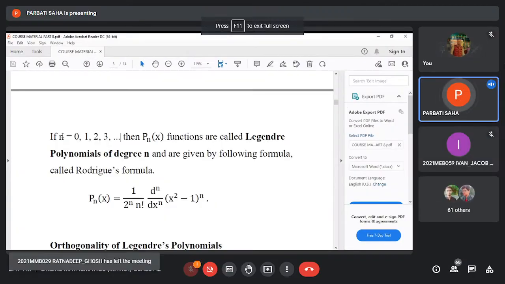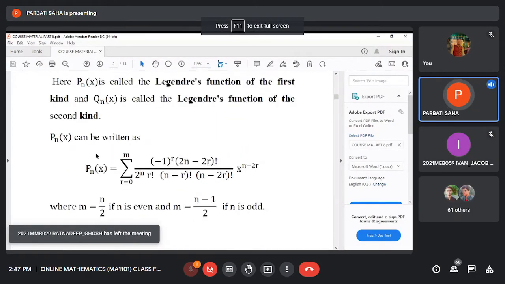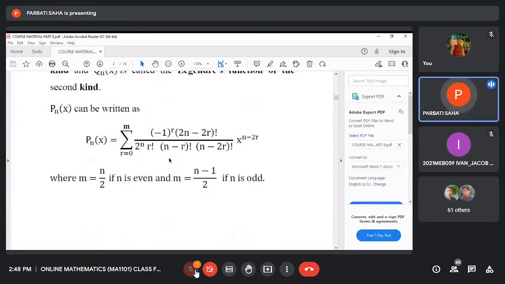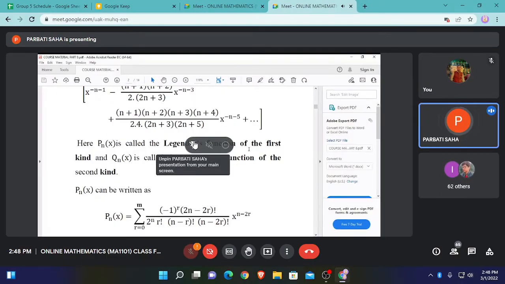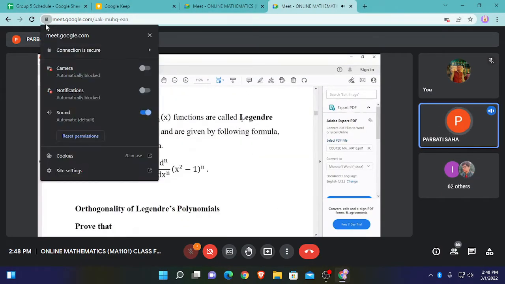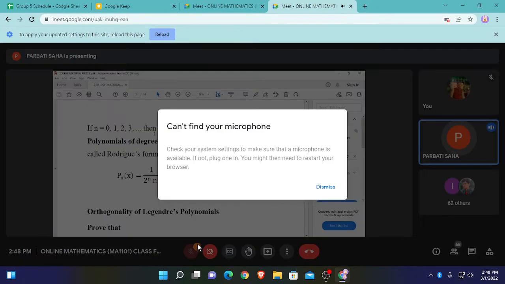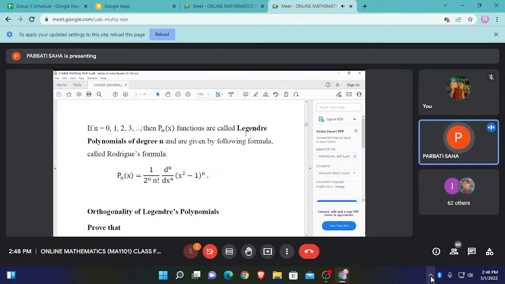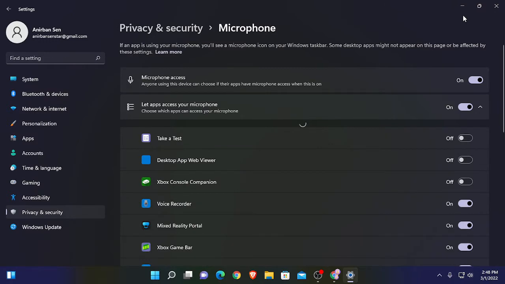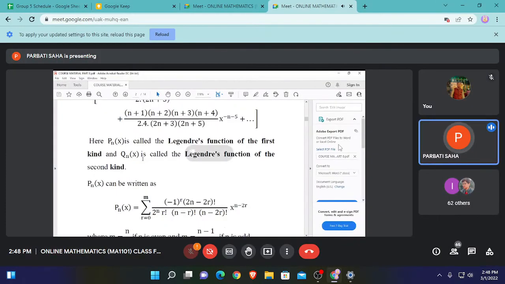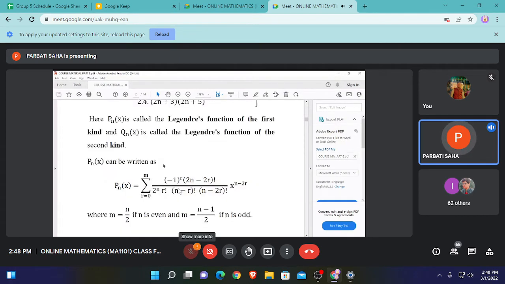Here Pn(x) is called Legendre's polynomial of degree n, provided n is 0 or a positive integer. Earlier it was Legendre's function of the first kind and now it is called Legendre's polynomial.